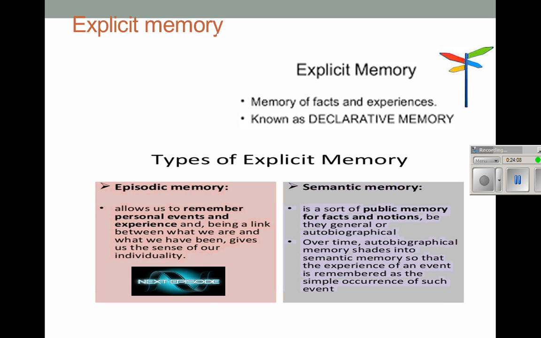We're going to talk about those three more in depth in class. Episodic memory basically allows you to remember personal events or experiences throughout your life, giving you the sense of your own individuality. So to remember episodic memory, I like to think of your life as a soap opera on the next episode, and you're going to remember different personal events.